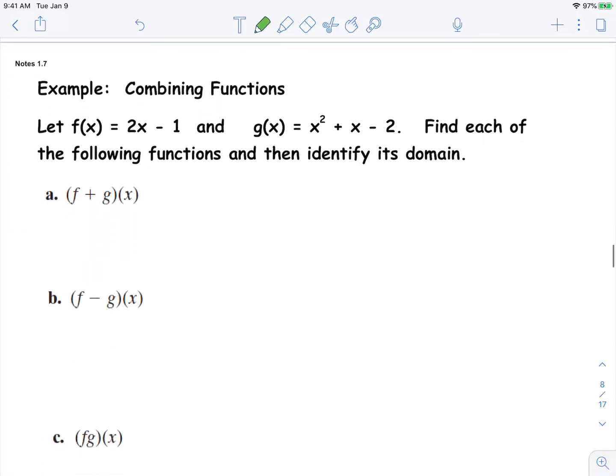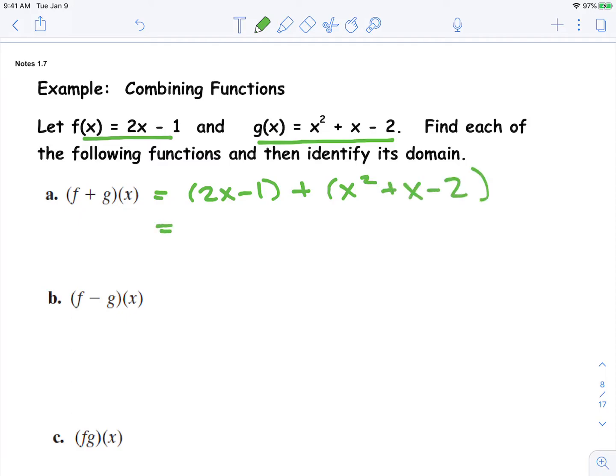So here's an example. We have a function f of x. It's a linear function. And then we have a g of x function, which is a quadratic. And it's asking us to add the two functions together. So we're going to take 2x minus 1 and add it to x squared plus x minus 2.